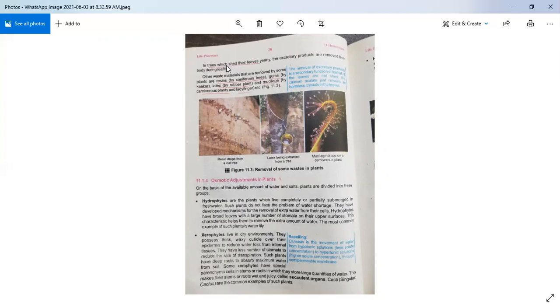So when these leaves fall, extra metabolic waste is removed from their body.